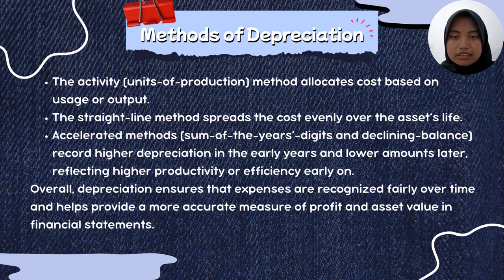And the last is the accelerated method, or sum of the year's digits and declining balance. It records higher depreciation in the early years but lowers the amount later, reflecting higher productivity or efficiency early on. Overall, depreciation ensures that expenses are recognized fully over time and helps provide a more accurate measure of profit and asset value in financial statements.